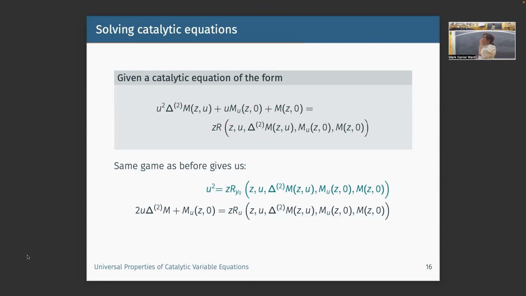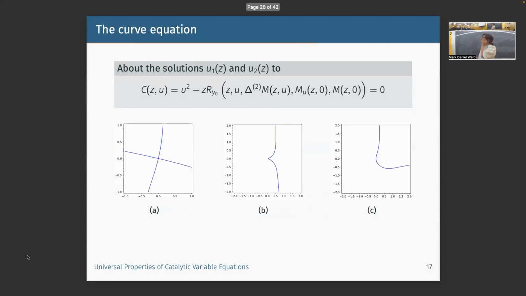But let us first have a look at the solutions to what I call the curve equation. I plotted them as real algebraic curves. Usually when you compute them and get the Puiseux expansion around 0 for these solutions, it starts with z to the 1/2.